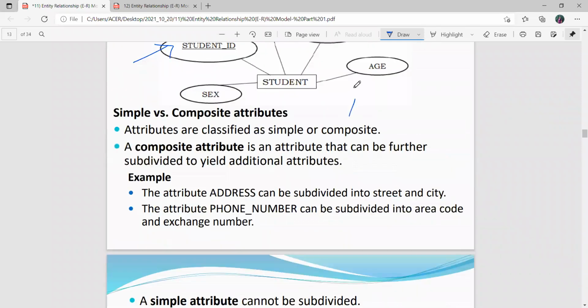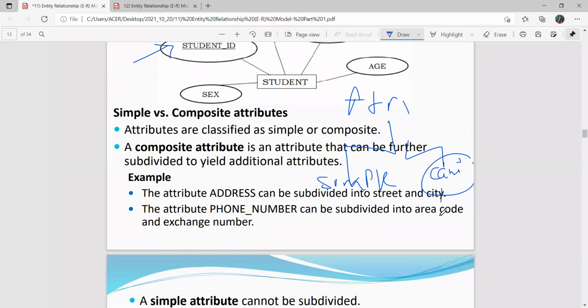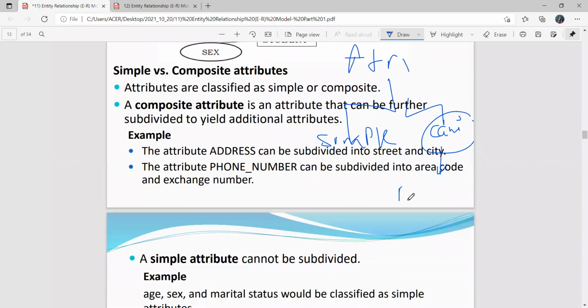Attributes can be divided into two categories: simple attributes and composite attributes. A composite attribute is an attribute that can be further subdivided into additional attributes. As an example, let's take the address.